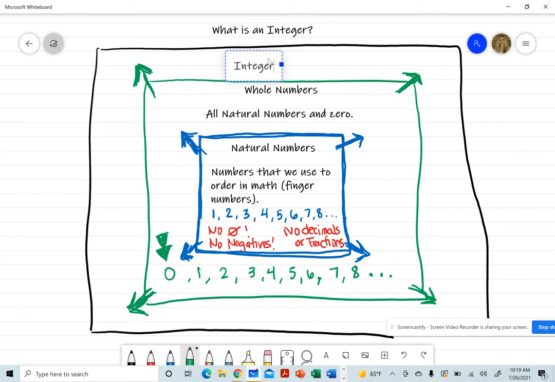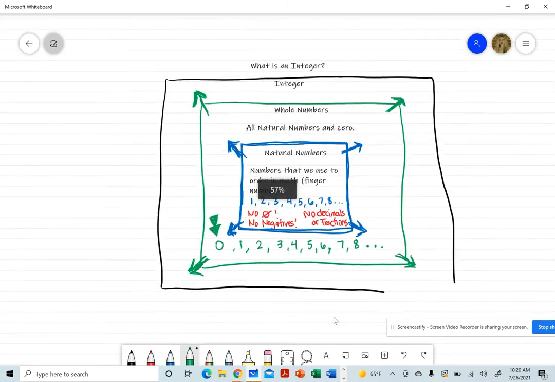The final classification is called an integer. Well, what is an integer? That was the whole idea of this whole lecture, right? Well, an integer, I zoomed out a little bit just to get a better perspective.